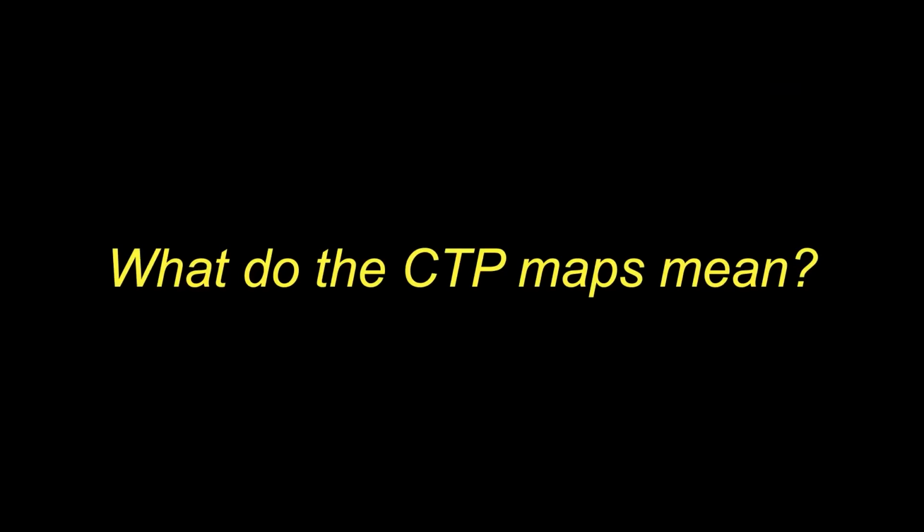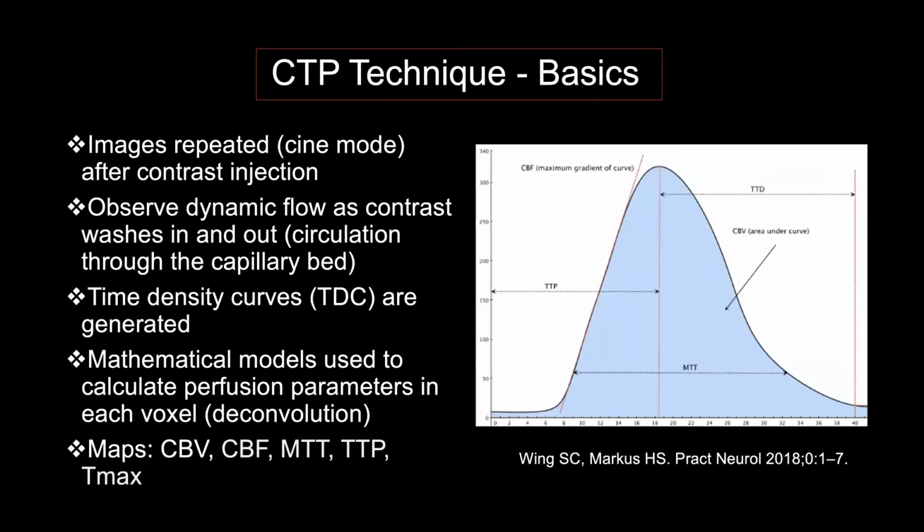So let's jump into the CTP interpretation. The question is, what do these CTP maps mean? And some of this is going to be basic, but I always think that we should always start with the basics because they never go out of style. So the one basic that we are going to get into is how do we obtain the CTP and what is the technique?